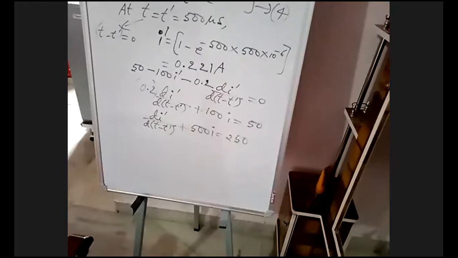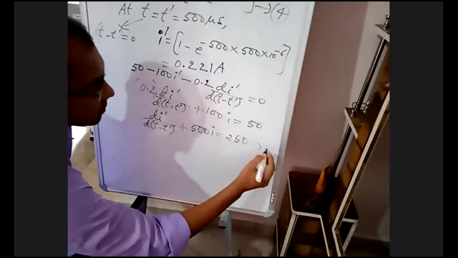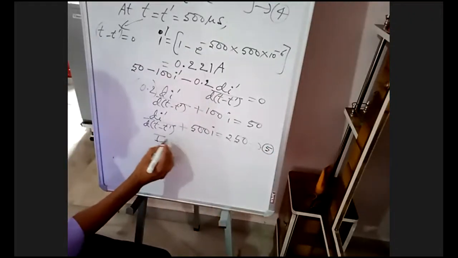Divide the entire equation with 0.2. Let it be equation 5. Now take the integrating factor.